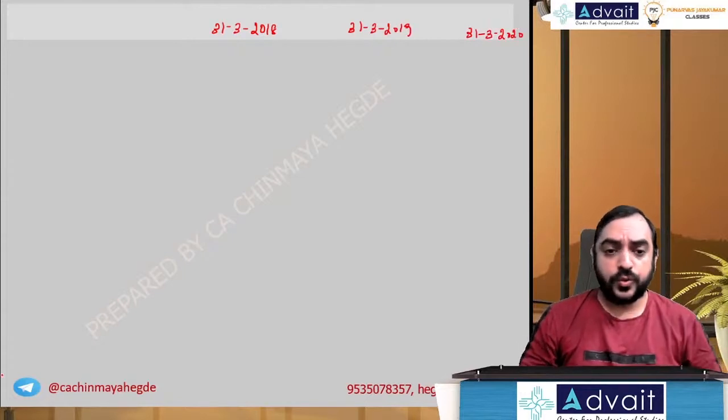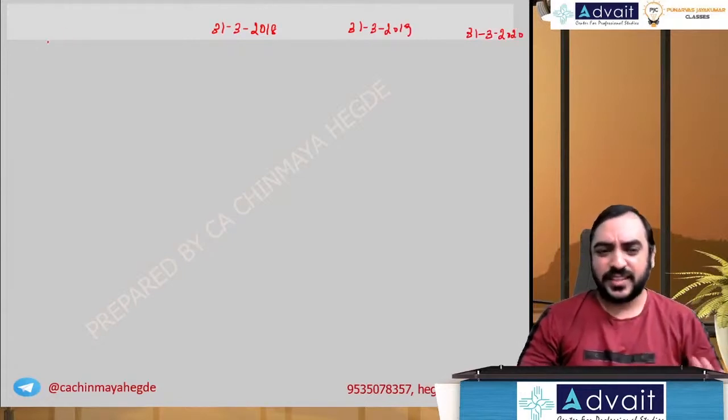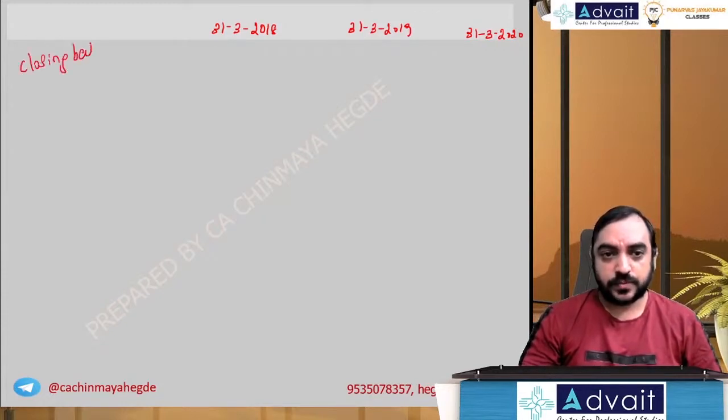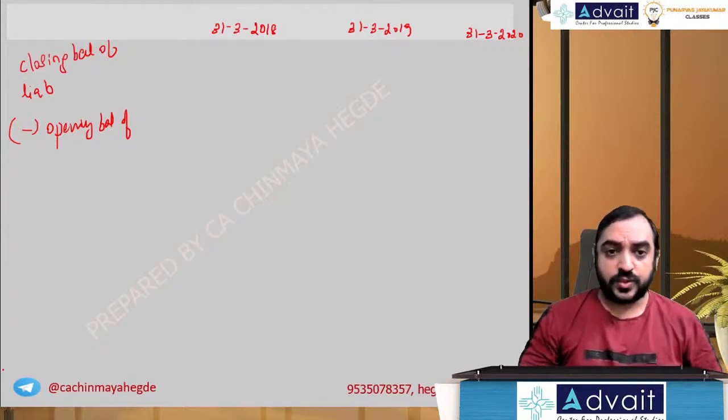So what I'm going to do, I will calculate cumulative expense, basically liability, closing balance. So I can say directly the closing balance of liability basically means cumulative expense minus opening balance of liability. Liability means the share-based payments. Opening balance of liability, that is within brackets you can write, just for your reference purpose.